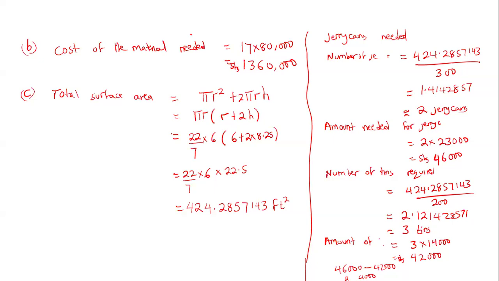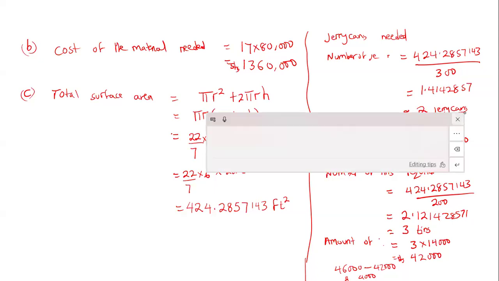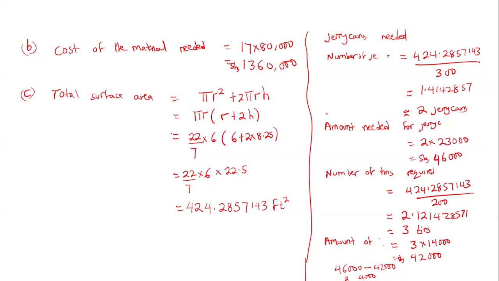So you say that maybe I would recommend or I would advise him to use the tins. What is the reason behind that? Maybe they are cheaper than the jerry cans by 4,000. So you give the reason why and what is your view. Yes. Okay. Let me hope we are on the same page. Are we on the same page, everyone?